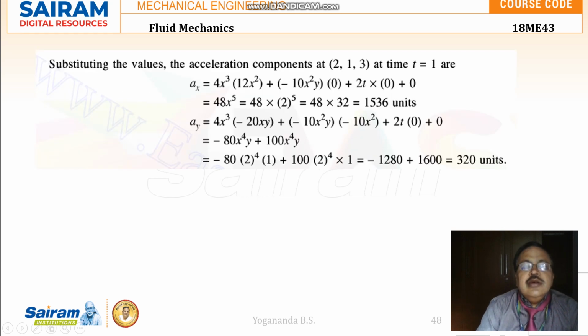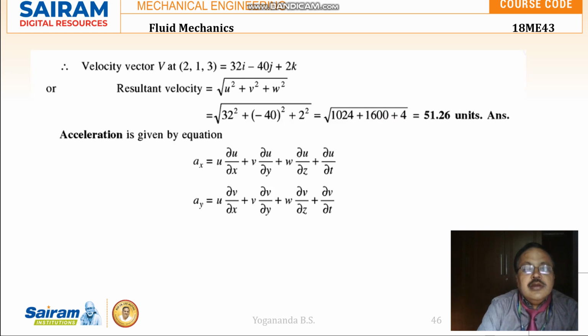Like this, the complete acceleration equation is taken. The x, y, z and t values are substituted here. To simplify, we are getting ax as 1536 units.